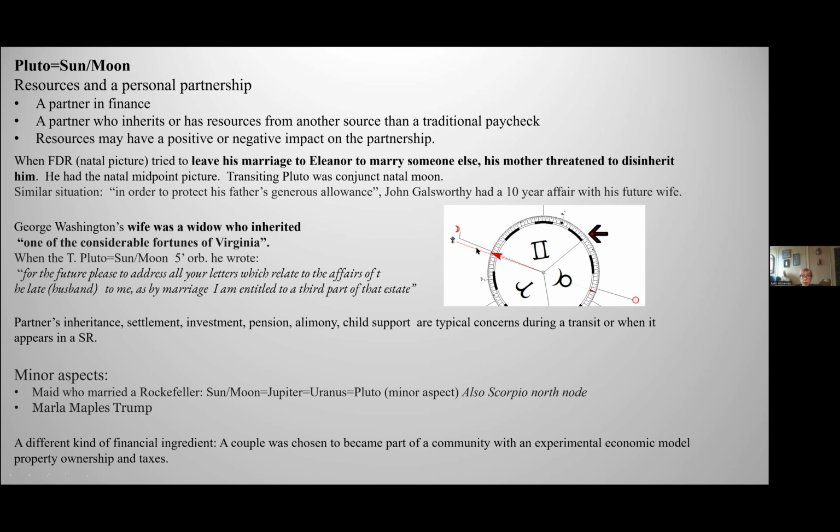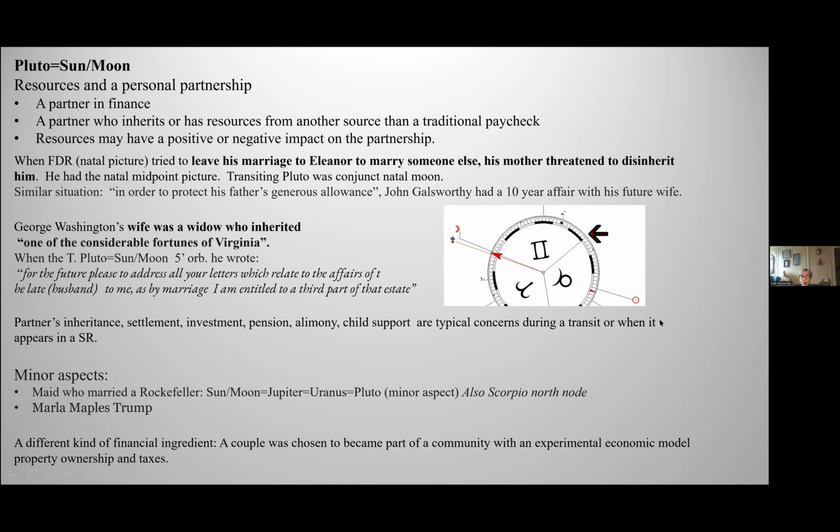So George Washington, here we go with George Washington, and his wife was a widow who inherited a big fortune. When transiting Pluto was on the Sun Moon midpoint, there's a big arrow pointing to Pluto, a little far away from it, but there it is. And you see he was one of these people who had Sun equals Moon equals Pluto.